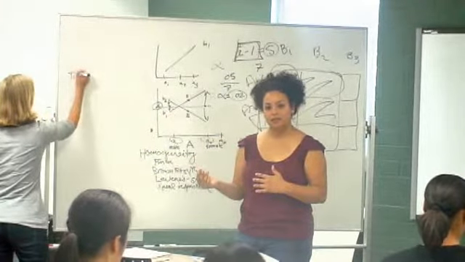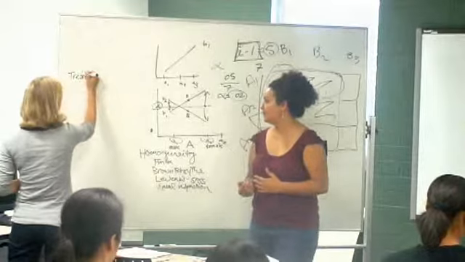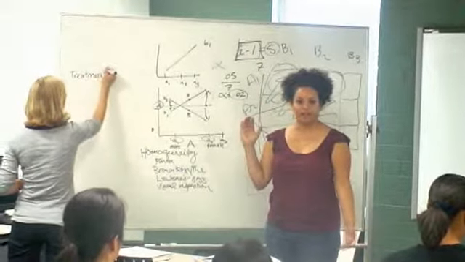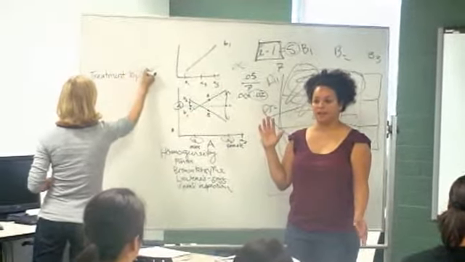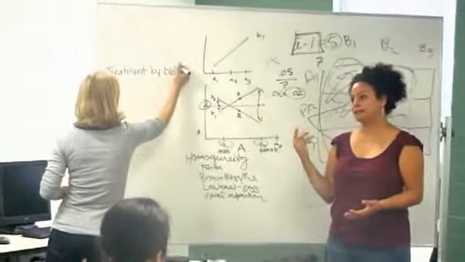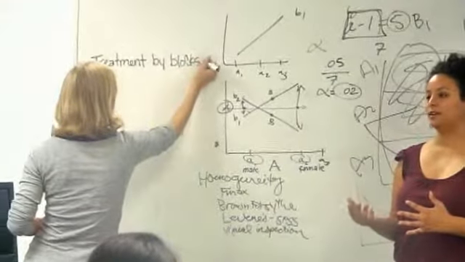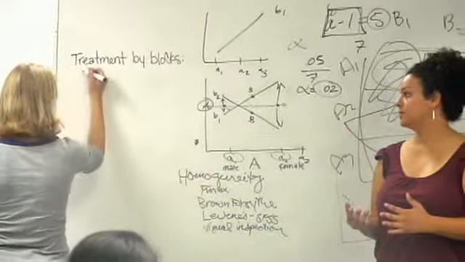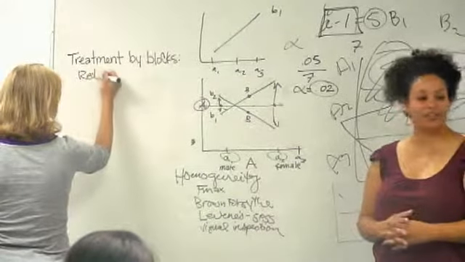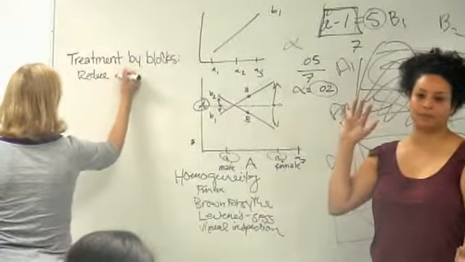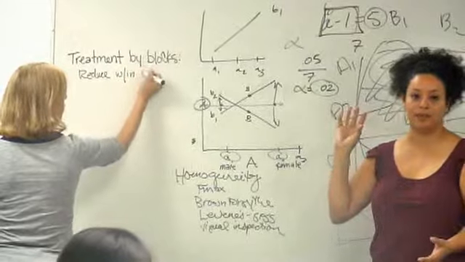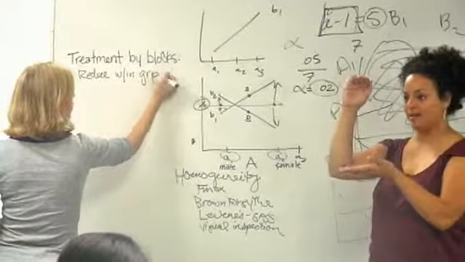Treatment by blocks. So say that you find a lot of variability in one of your factors. Let's use blood pressure, for example, with huge differences in blood pressure in your sample. So you want to maybe break that down into blocks.